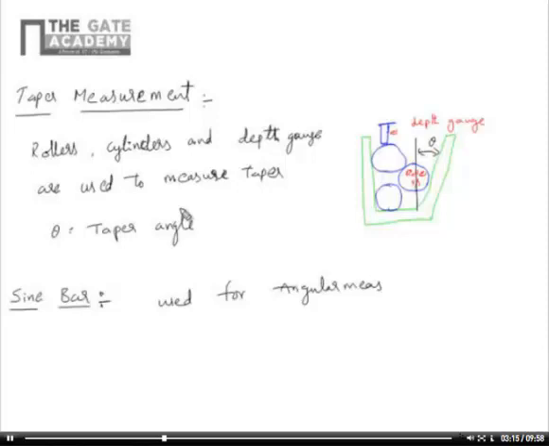Next is the sine bar. The sine bar is used for small angular measurements, as well as for error in angular measurement.